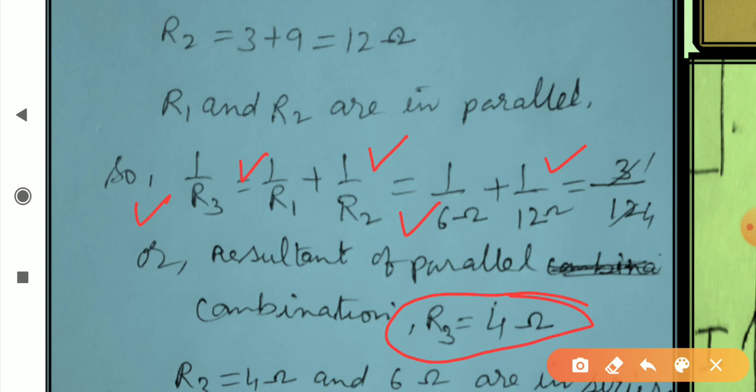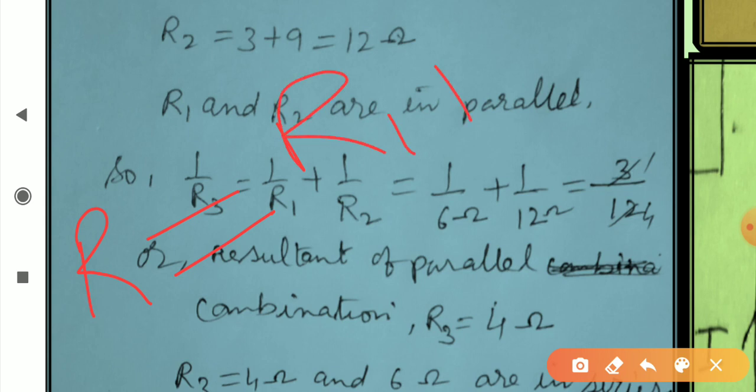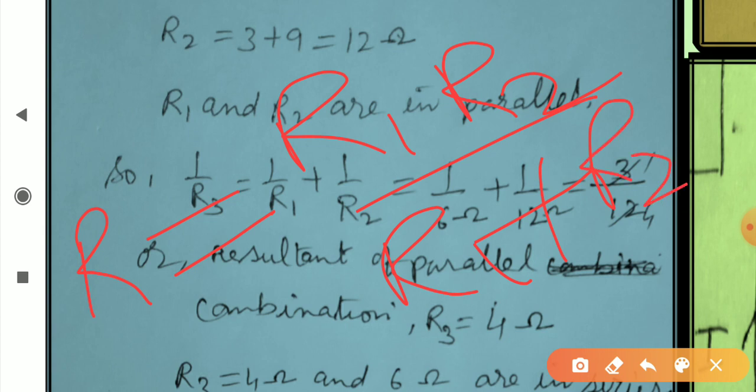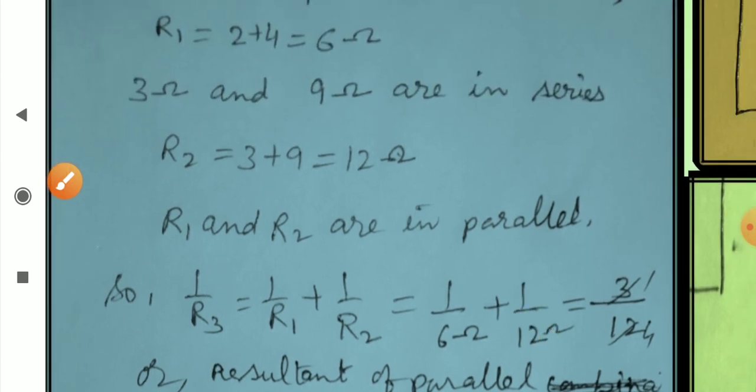Right? Here we found 4 ohm by taking a long process. You could have used the same relation which I just told you, that R is R1 R2 upon R1 plus R2. Now we had 6 and 12.